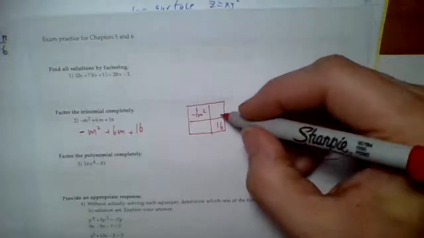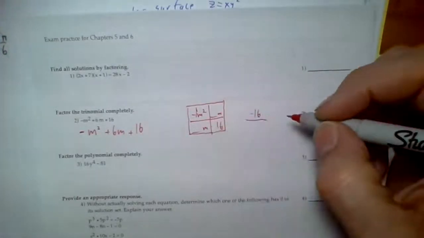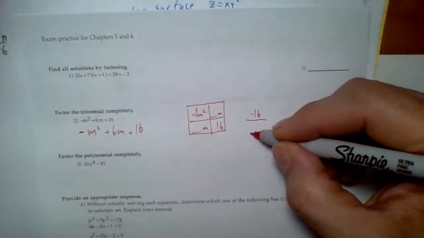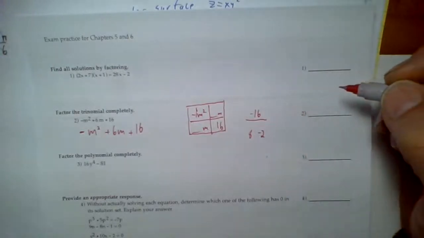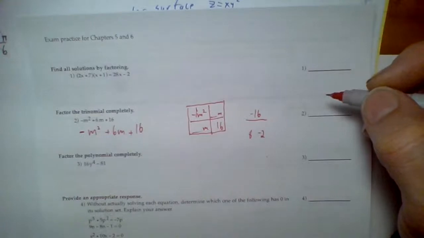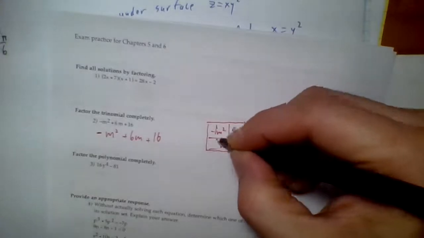Middle term 6m, so these m, something m, and something m here, these numbers add up to 6. And they multiply to -16, so I need +8 and -2. That's the pair that'll add up to 6. But those go in here and here, one or the other.